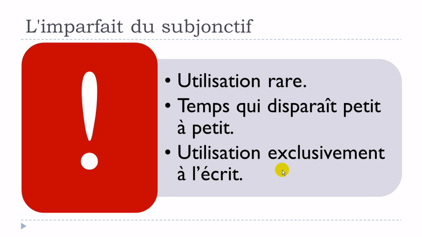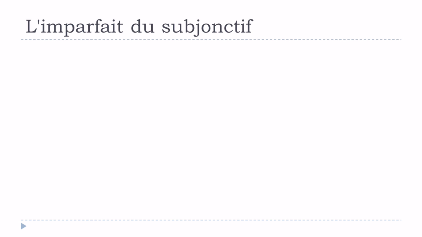Of course, it is quite tricky to say always, but in most of the cases, you will see this imparfait du subjonctif written. Quite few persons are using it orally, okay? But, well, everything is possible, but in most of the cases, it will be written. So it is rare, it tends to disappear, and it's mostly written, okay?